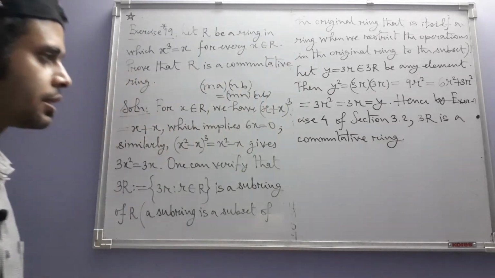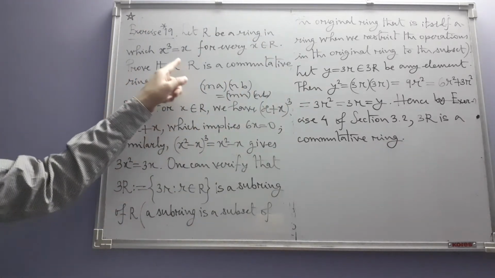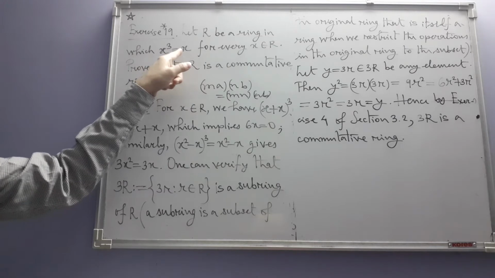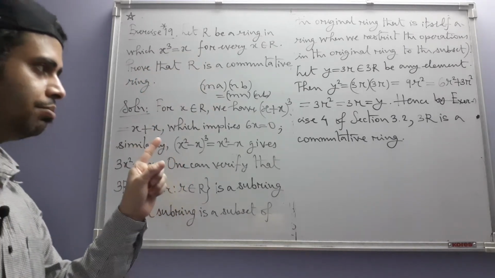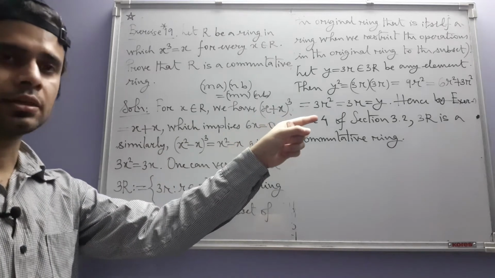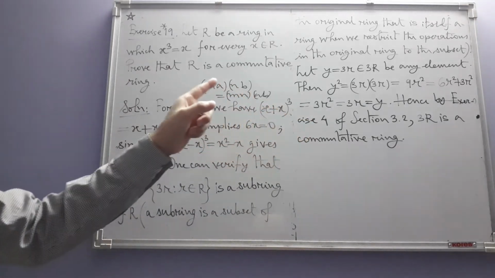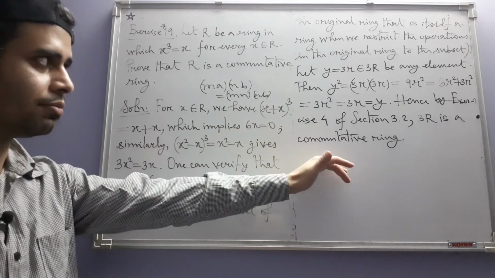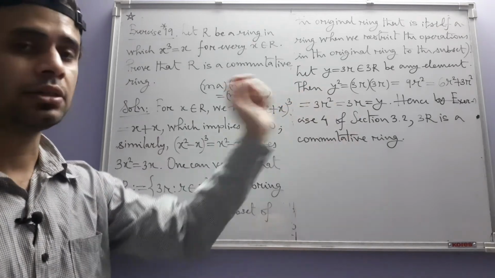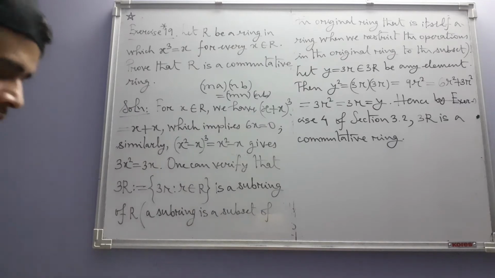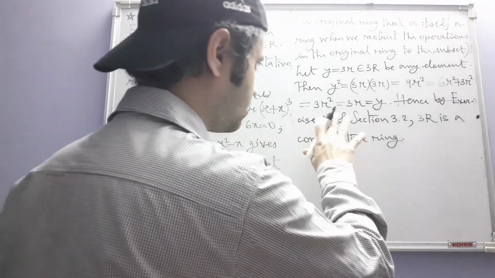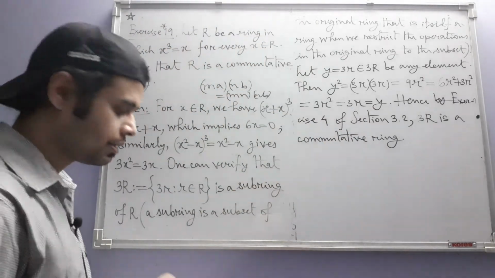So this exercise asks us to show that if in a ring the cube of every element is the element itself, then it's a commutative ring. But before that, we came across an exercise where it asks us to show that the ring is a commutative ring if the square of any element is the element itself. That is somewhat easier than this one. And we are having to use that result here.